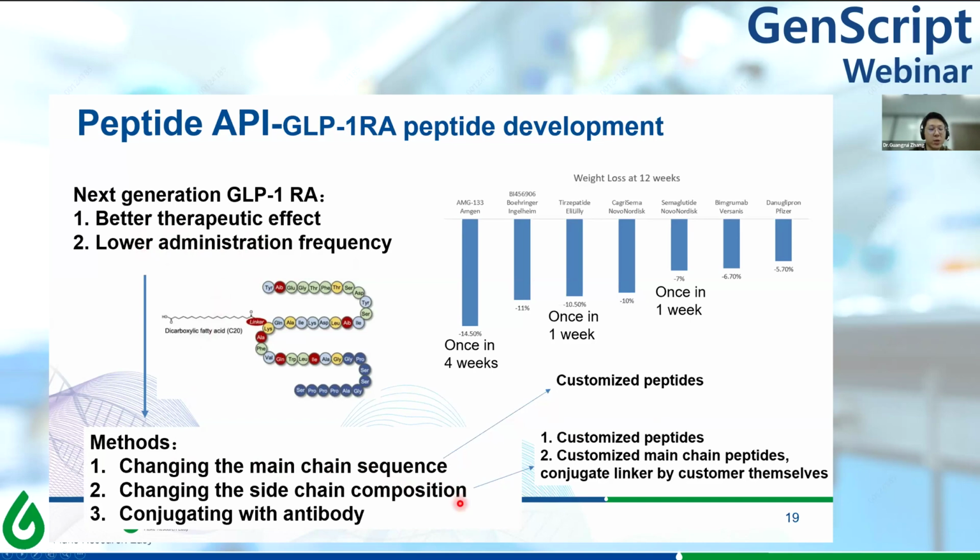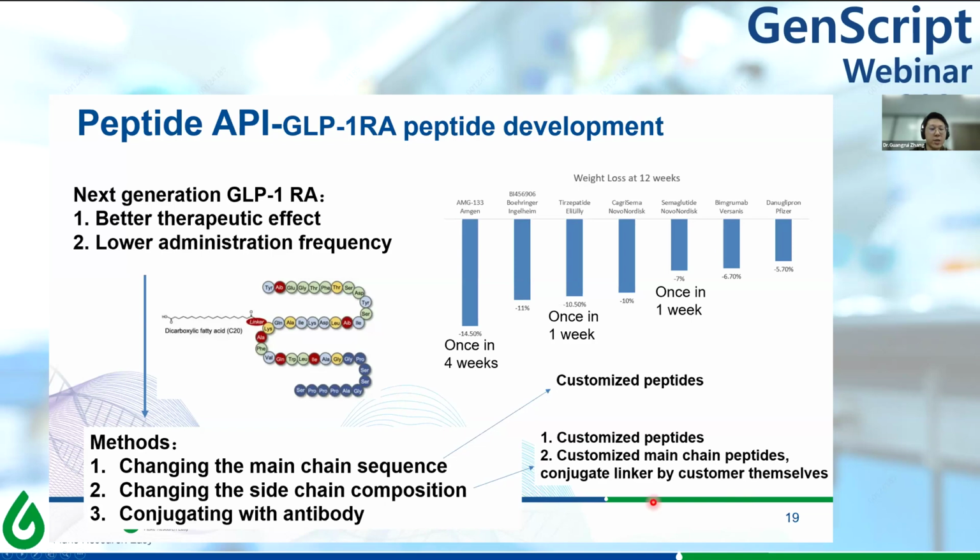And the second is changing the side chain composition. We can also offer customized main chain peptides, with the conjugate linker added by customers themselves. You can add whatever you want to the main chain peptide.